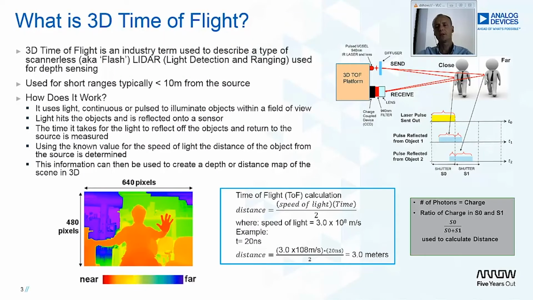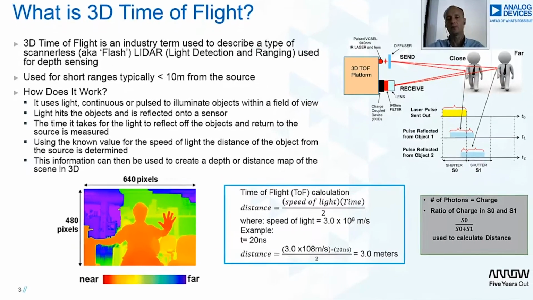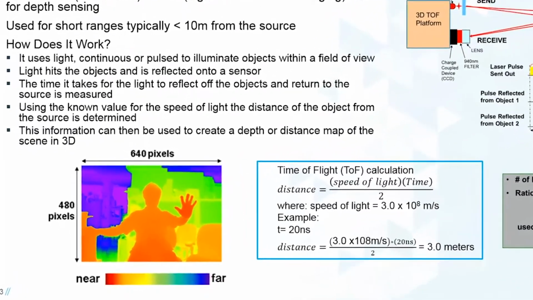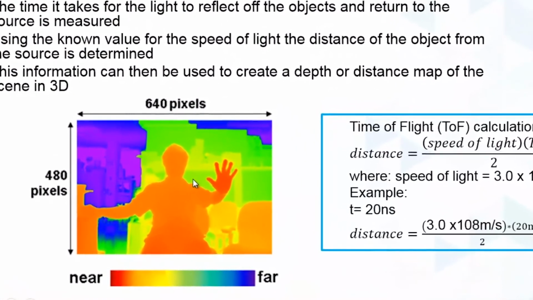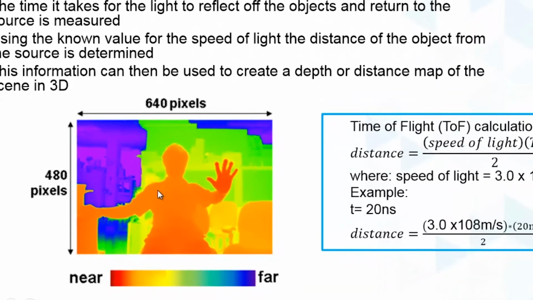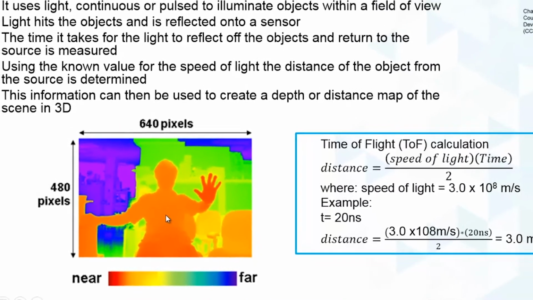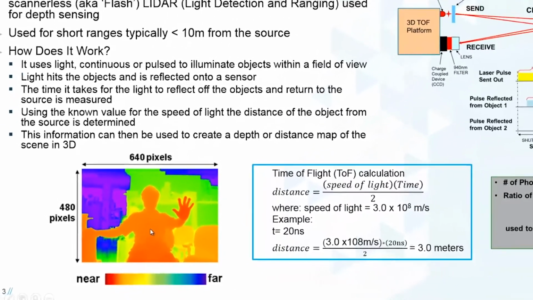Compared to traditional 2D cameras, which generate a color image of the scene, a 3D camera outputs a depth map where each pixel represents the distance of the corresponding point in the scene to the camera. This picture here shows how a depth map looks, where the warm colors indicate smaller distances, while the cold colors indicate further distances.